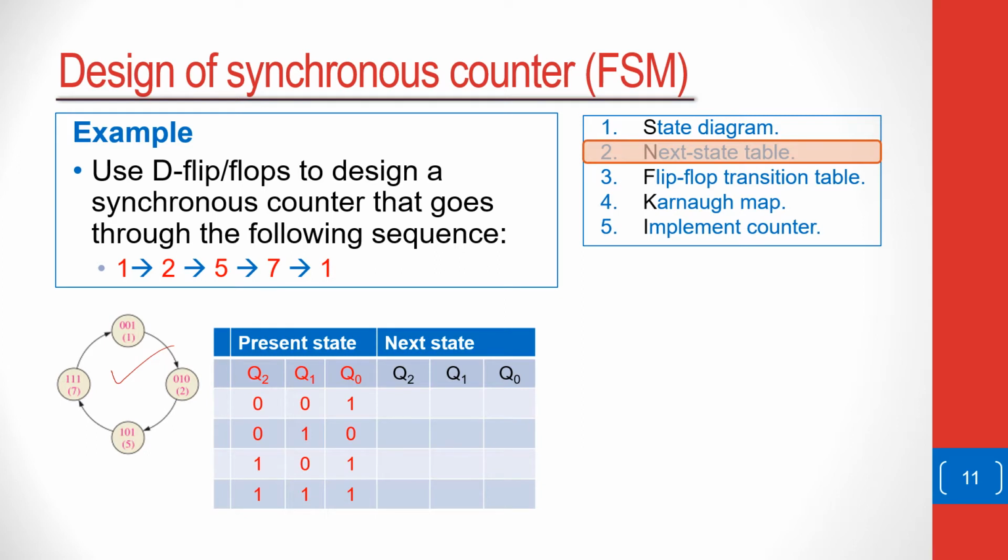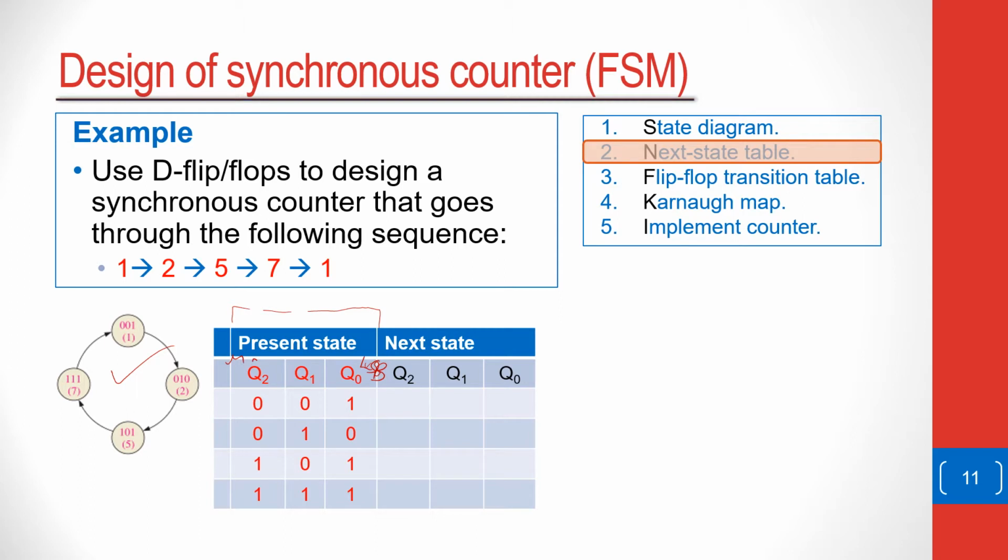You draw up in tabular form the transition. You draw the first few columns to represent your present state, in which case you will need 3 flip-flops, Q0, Q1, and Q2, in that order, so that you know which one holds the most significant bit and which one holds the least significant bit.